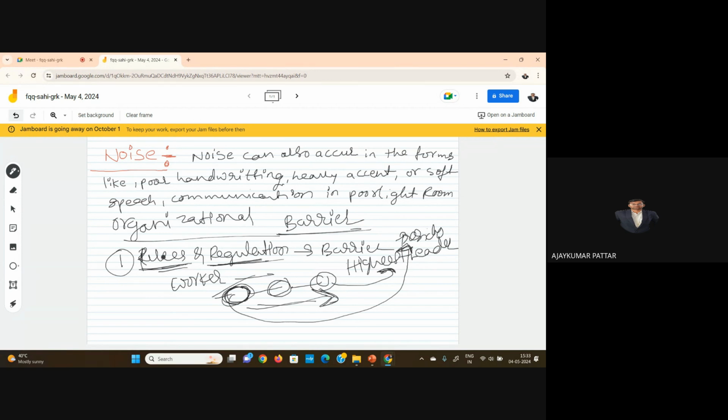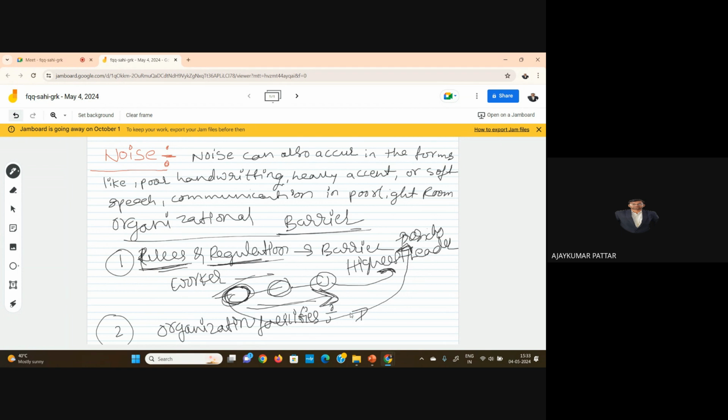So certain rules and regulations in the organization are acting as a barrier in effective communication. Next one is facilities, organization facilities. The organization is not giving proper facilities.